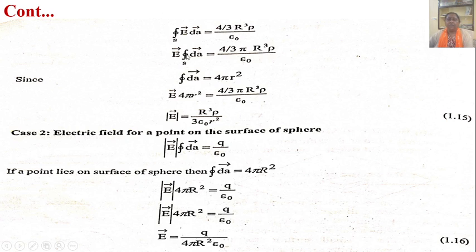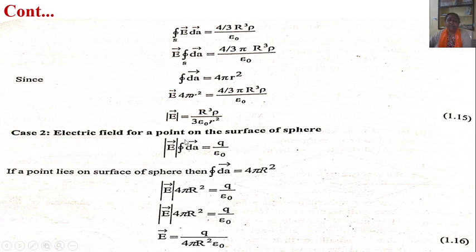Now, E into closed integral over surface S of dA equal to 4 by 3 pi r cube rho upon epsilon 0, and since closed integral dA equal to 4 pi r square, therefore E into 4 pi r square equal to 4 by 3 pi r cube into rho upon epsilon 0. Therefore, E equal to r cube rho upon 3 epsilon 0 r square.